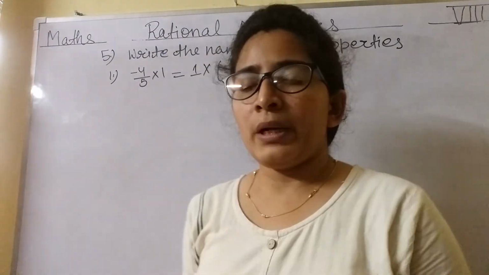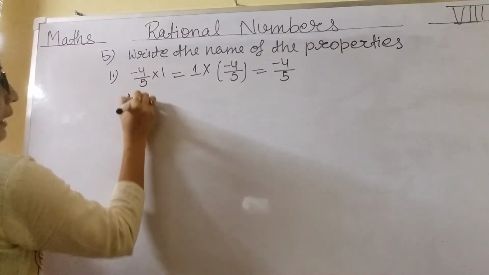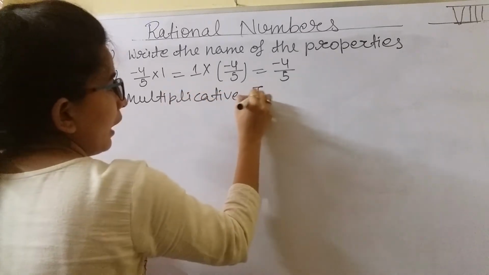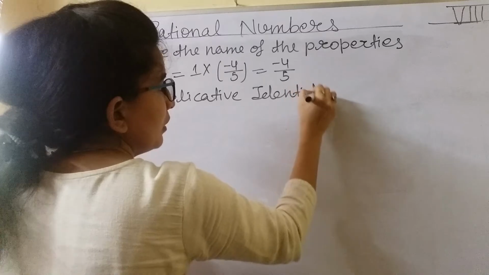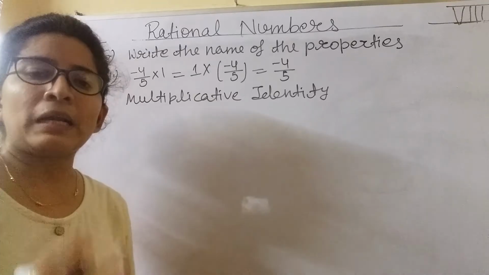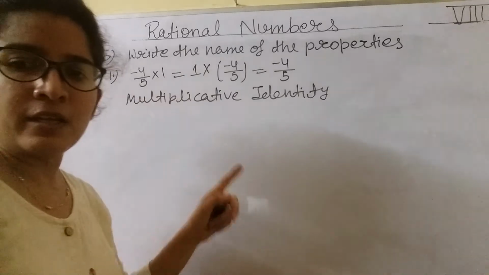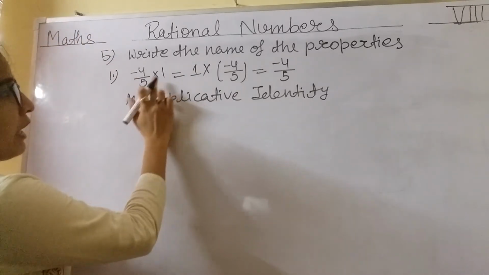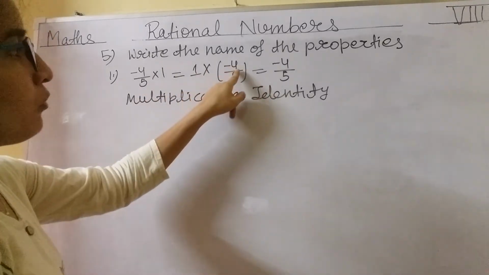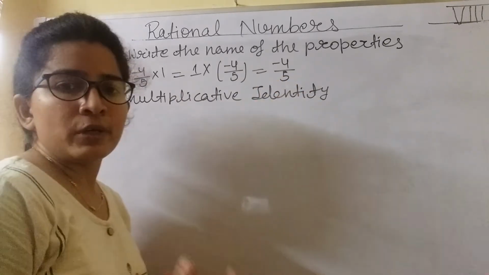So there is a property called multiplicative identity. Now what is multiplicative identity? Any number which is multiplied with 1 gives the product as the number itself, like minus 4 upon 5 multiplied by 1, and 1 multiplied by minus 4 upon 5, we get minus 4 upon 5 as a product itself.